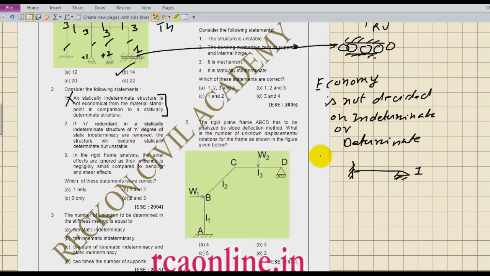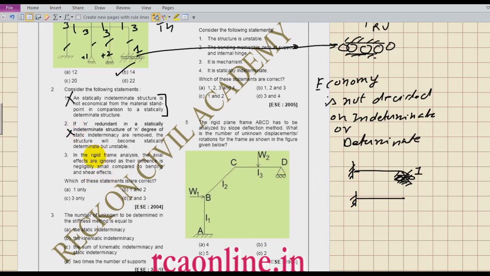Now I put a roller, so its static indeterminacy is 1. Now I am removing the roller, so n degrees of static indeterminacy are removed. The structure will become statically determinate. Yes, that is correct, but unstable? No, it will be stable. So this is also wrong.